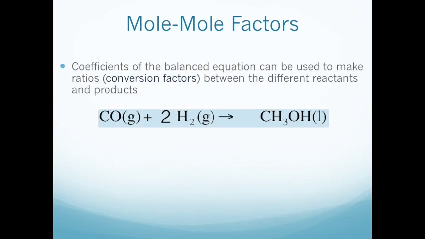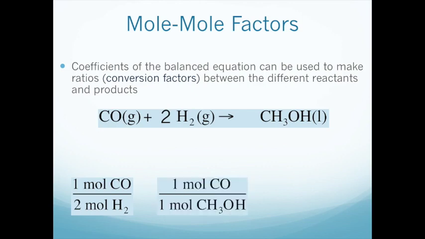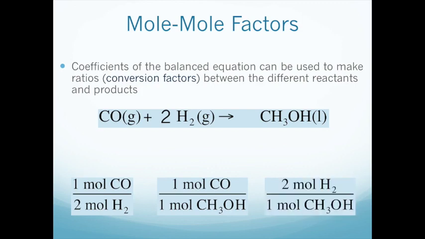Because we've balanced our equation, we know that for every mole of methanol, we need to consume 2 moles of hydrogen gas. And also, for every mole of carbon monoxide reacted, we need to consume 2 moles of hydrogen gas. And for every mole of carbon monoxide consumed, we produce 1 mole of methanol.